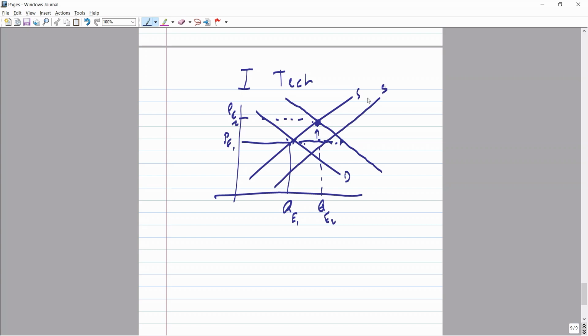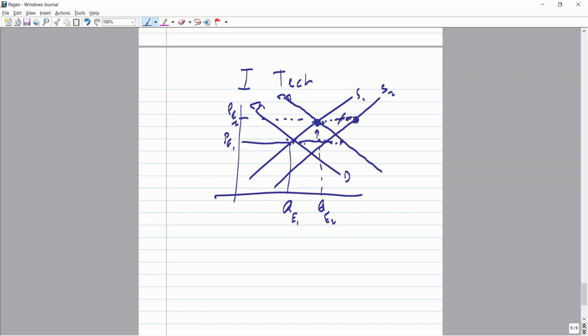So at the new supply curve and market equilibrium 2, price equilibrium, if we connect them all, we'll find that quantity supplied is greater than quantity demanded, because this is D1. And because supply is more, we will find that the market is at surplus.